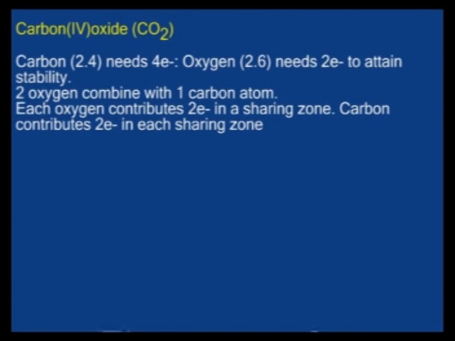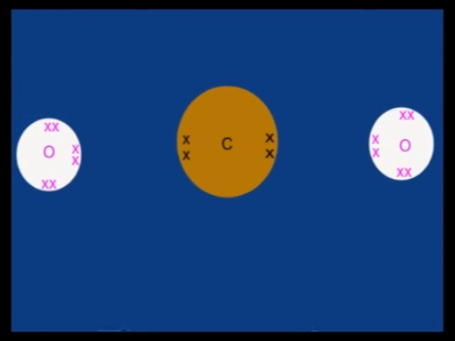Carbon 4 oxide is a combination of carbon and oxygen. Carbon needs 4 electrons, oxygen needs 2. Now, this is rather tricky, but is also easy. If 2 oxygen atoms combine with 1 carbon atom, each oxygen atom will donate 2 electrons. The carbon atom will also contribute 2 electrons to each sharing zone.